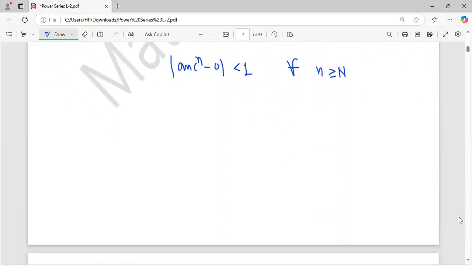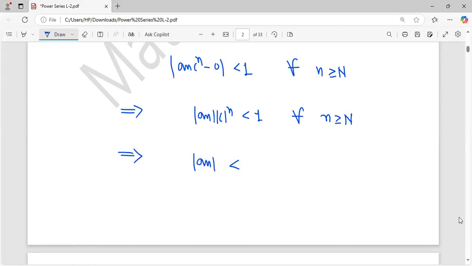It means the absolute value of a n is less than 1 upon the absolute value of c to the power n.